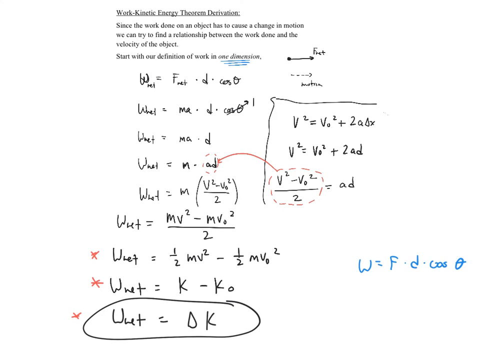Jack, you had a question? If it was in like 2 dimensions, would you just multiply cosine theta to the whole thing, or how would that work? So no, unfortunately, the way this theorem is going to work is only going to be a one-dimensional theorem. The kinetic energy that you're looking at for this has to do with kinetic energy when you're only moving left to right. So maybe put a nice star at the top here and say to yourselves, this theorem only applies when there's no vertical motion.